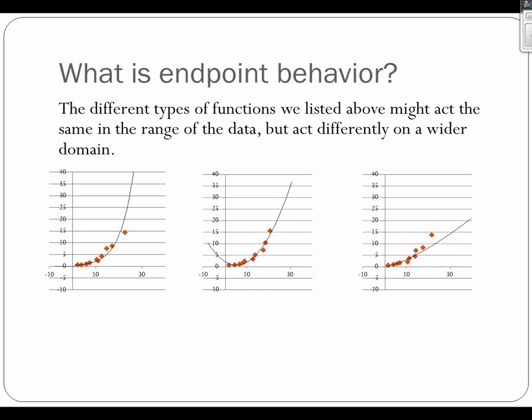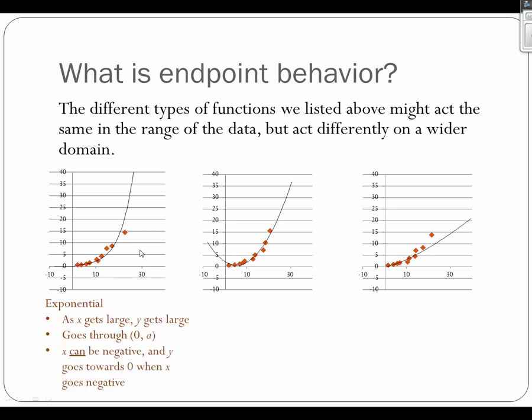Okay, so endpoint behavior. This is all the same data set, I think, or maybe similar data sets. The functions might act the same in the range of the data, but they act differently on a wider domain. So here, this exponential fit does pretty well inside the data, but what are the other properties of what's going to happen if I look outside the range of the data?